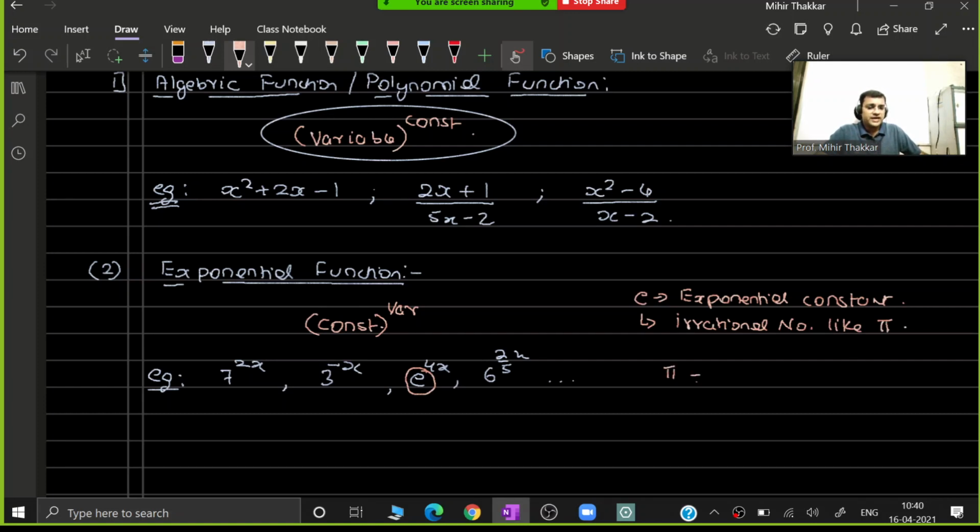Just as you know that pi has a value 22 by 7 or is equal to 3.14, e also has its own fixed value, it is 2.7182. This is a fixed value for the e, which is an exponential constant. Actually, it has a separate name, which is called Euler's constant. It's not necessary for you guys to remember this name, the Euler's constant, but if you remember, it's okay. Even if you don't, it's still okay. But yeah, if you know the value of e, then it's really good for you.